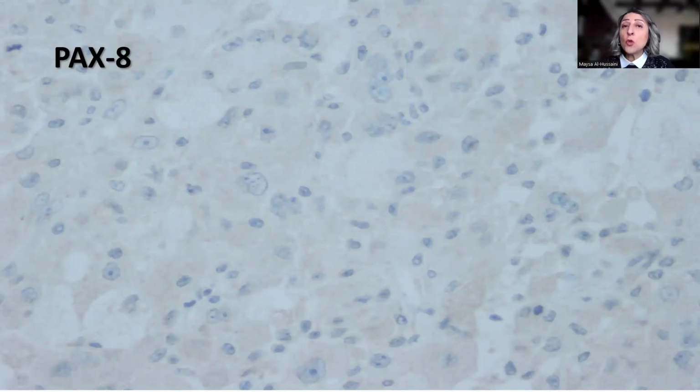So again, not a single marker is entirely specific or sensitive to render the diagnosis of mesothelioma. You have to work in panels. You have to order a panel of immunostains where you have at least 2 markers that would support or rule out the diagnosis of mesothelioma, and at least 2 markers for epithelial tumors.